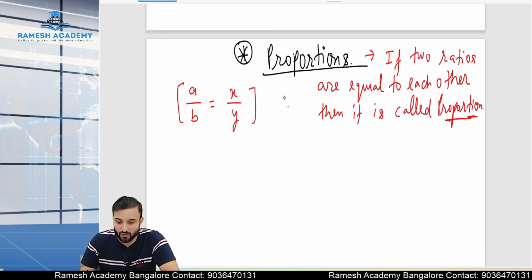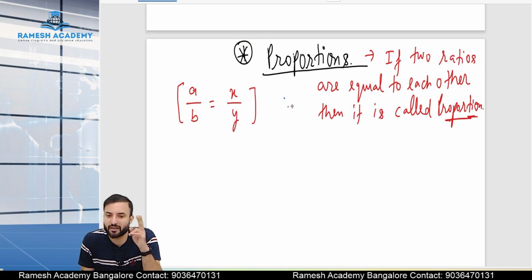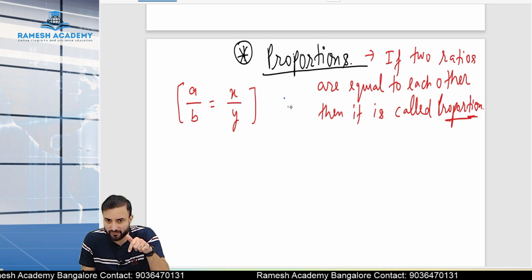In a ratio we know there are two quantities, first quantity and second quantity, the antecedent and consequent.